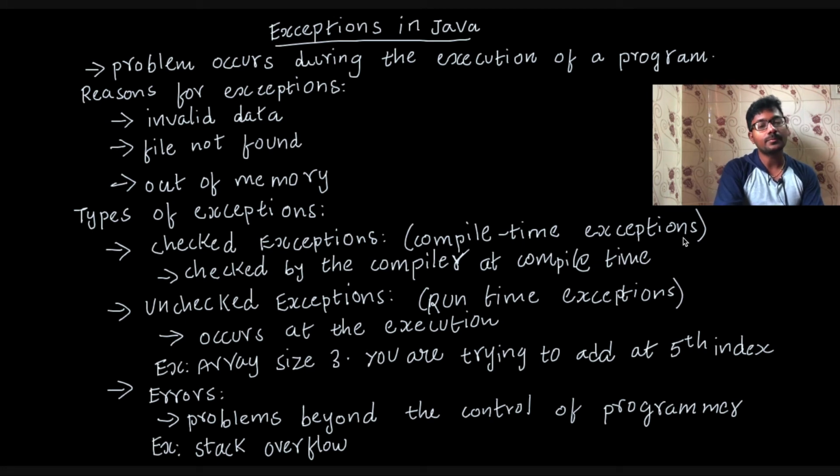We know before the exception actually occurs, so that is called compile time exception, checked by the compiler at compile time. So if your fragment of code has some problems, then the compiler will tell that this fragment of code would cause some problems, so please try to handle those problems.